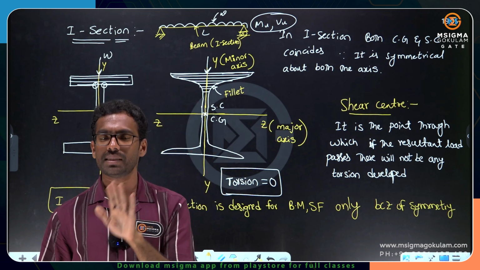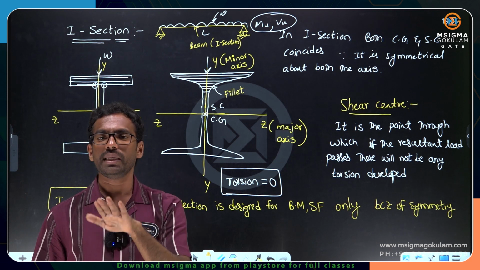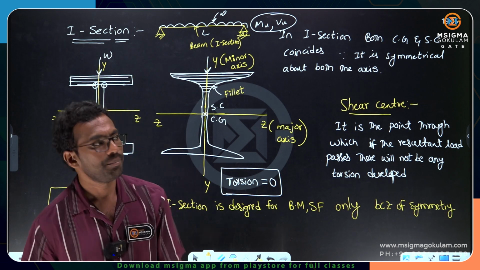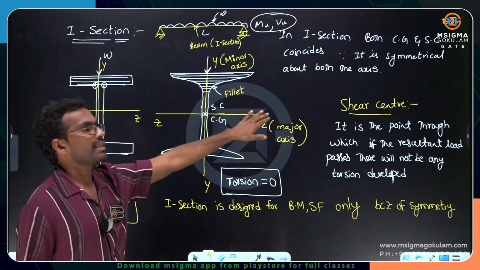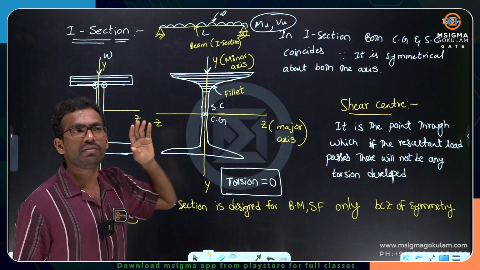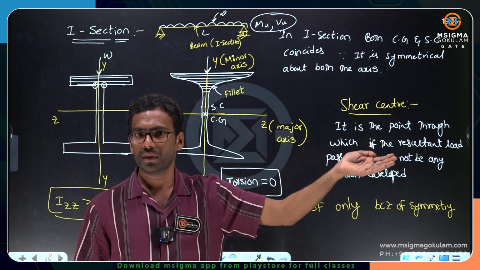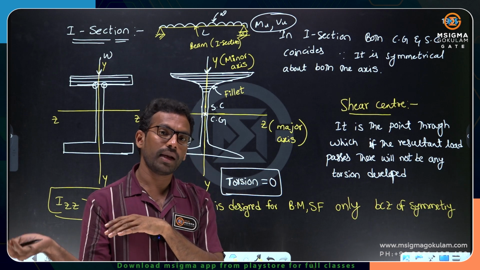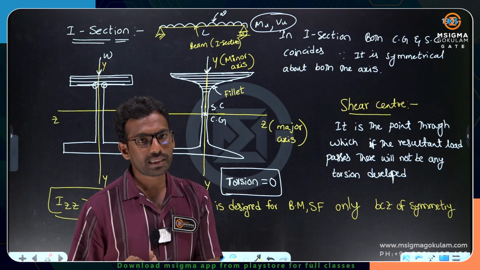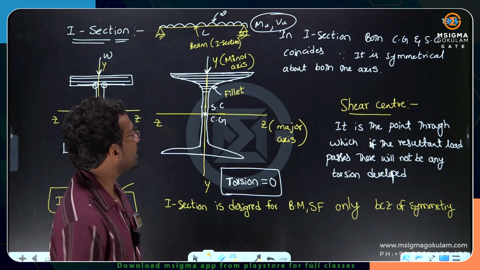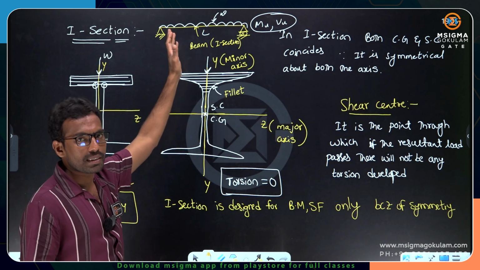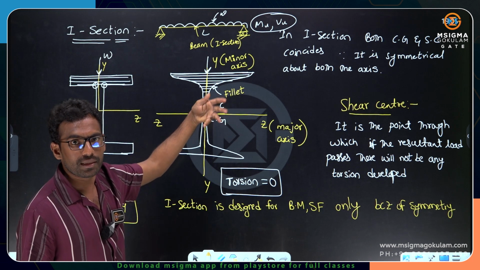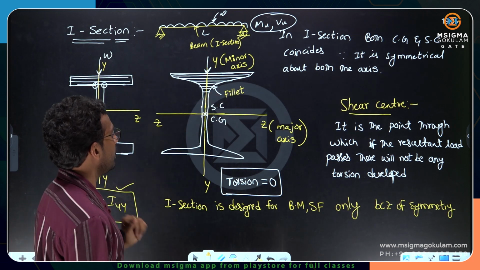But listen, our Indian standard says that in order to avoid confusion, if it is a structural steel section, better you represent the horizontal axis with ZZ so that everybody understands that it is a steel section. So to identify a steel section as different from other sections, take the horizontal axis as ZZ and the vertical axis as YY, which implies that it is a structural steel section. That is what you have to understand.